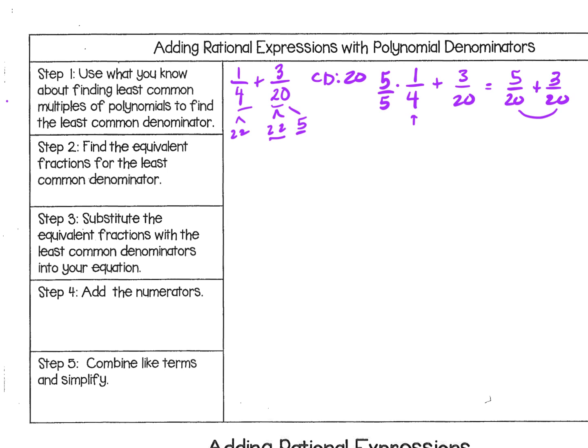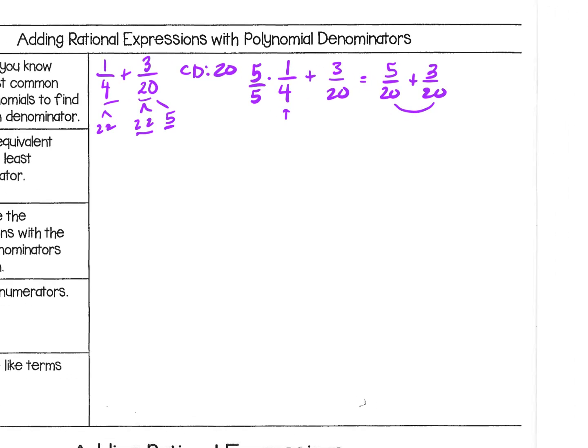Once we have a common denominator, we can just add or subtract the numerators, can't we? So what would this end up being? It would be 5 plus 3, which is 8.